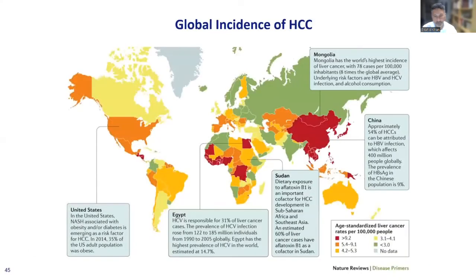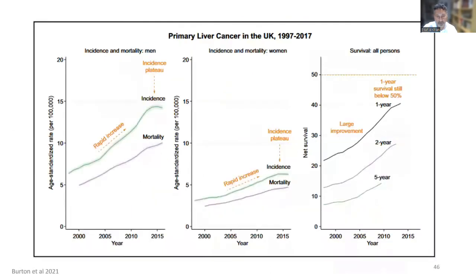This just shows the global distribution of HCC, showing in the red areas where the incidence is particularly highest. But remember that as this cancer mostly occurs on the background of chronic liver disease, and chronic liver disease is increasing, particularly due to fatty liver, these numbers and these shadings might change over time.